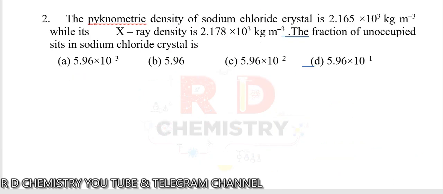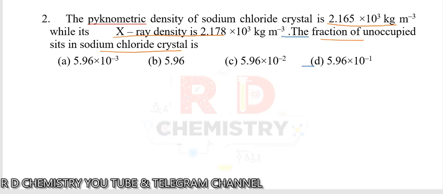Question number 2. The pycnometric density of sodium chloride is given 2.161 into 10 power 3 kg per meter cube. And also they given X-ray density 2.178 into 10 power 3 kg per meter cube. The fraction of unoccupied sites in sodium chloride is equal to. Now to find out the fraction that is unoccupied, where some of the ions are missing.